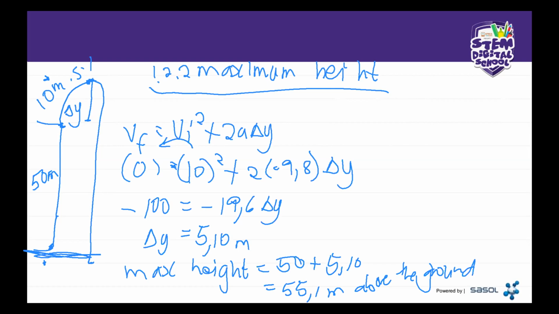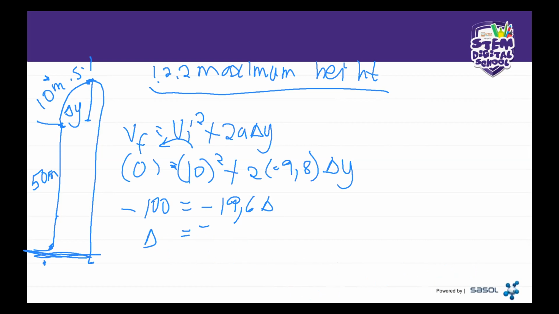Okay, so that is the questions that we've had here for our vertical projectile motion. We'll probably come back to some of them again. We just have to now go back to the rest of the problems that we have for today.